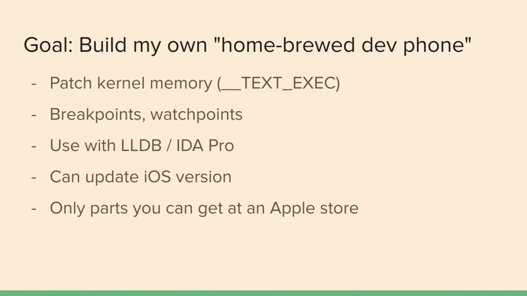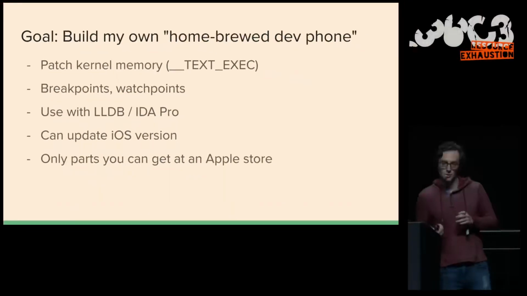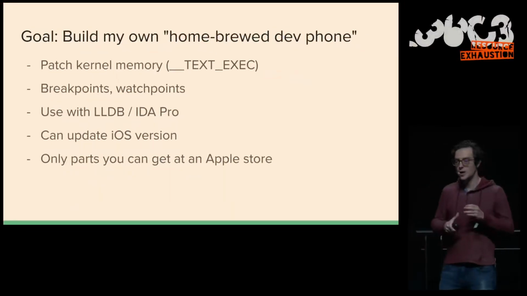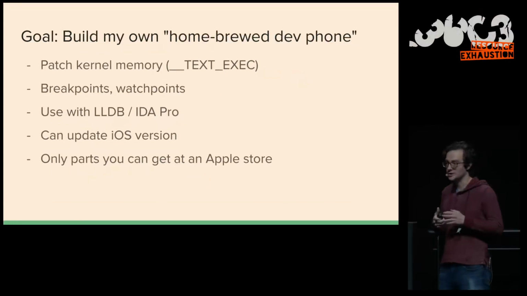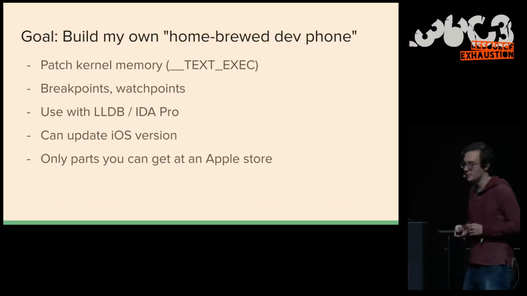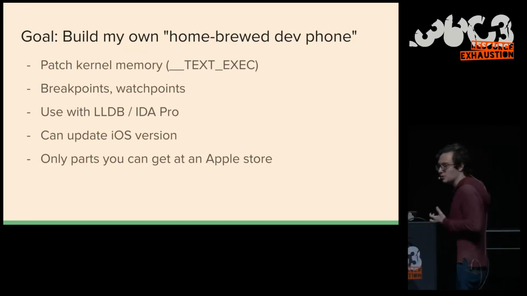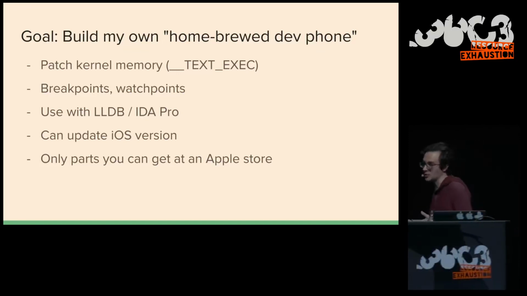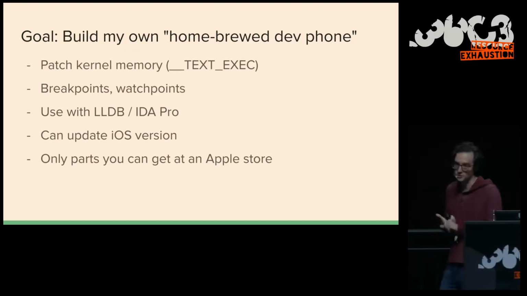And there were a number of different features that I wanted present in this homebrewed dev phone. I wanted the ability to patch kernel memory, and in particular, the ability to patch the executable code in the kernel, for example, modifying existing instructions or injecting kernel shellcode, things like that. I wanted the ability to do your standard debugger features, set breakpoints, set watchpoints.